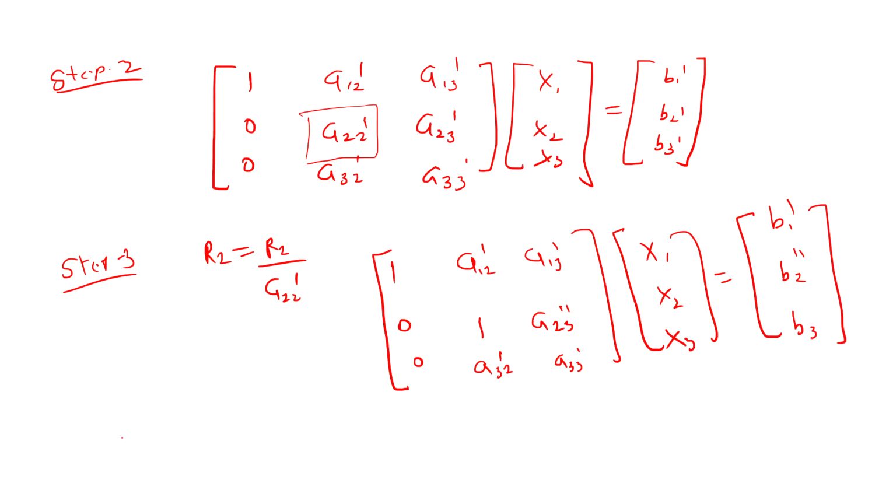Now my step 4 will be that R3 = R3 minus A32 prime times R2. So that is my step 4.